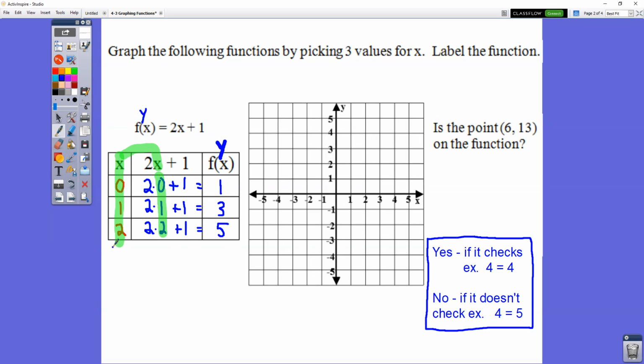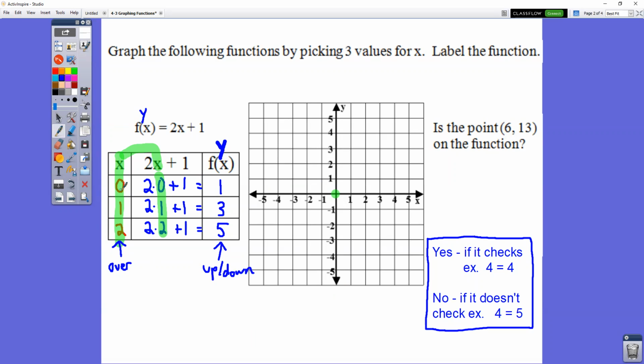Remember, when you go to graph your points, your x value is how many we go over. Your y value, or in this case, your f of x value, is how many you go up or down. When we start graphing points, we always start right there at that green dot in the middle at 0, 0, where the x and y axis cross.